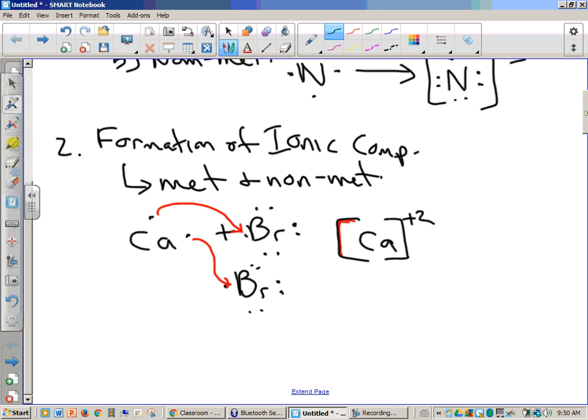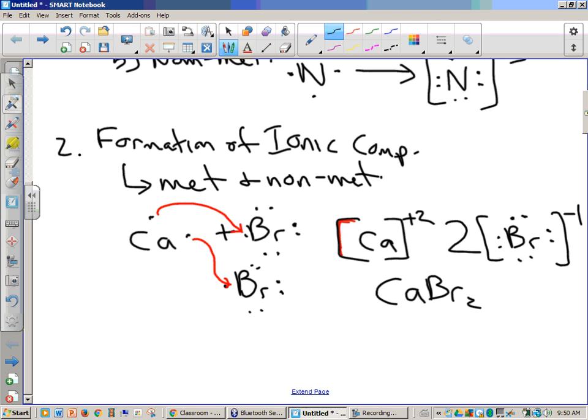And it's going to give us a couple of bromines. You know what? If you did a big 2, and then you did a bromine, 1, 2, 3, 4, 5, 6, 7, 8, because now it's gained, that would be okay. That'd be okay. Its formula, 1 Ca and 2 Br.